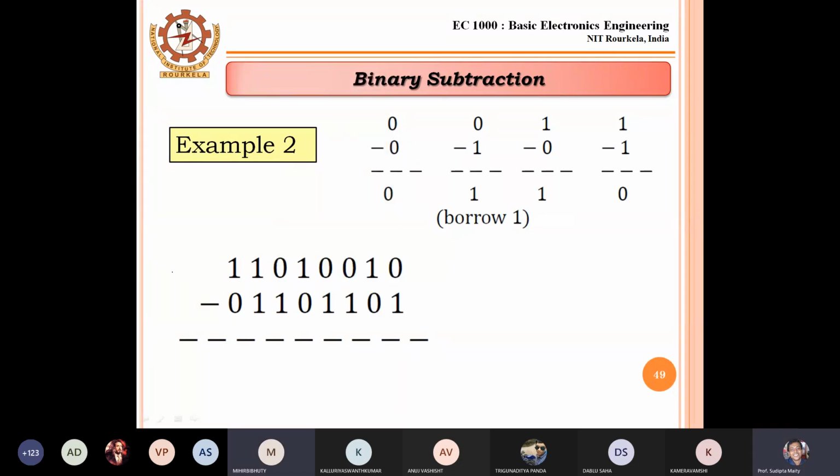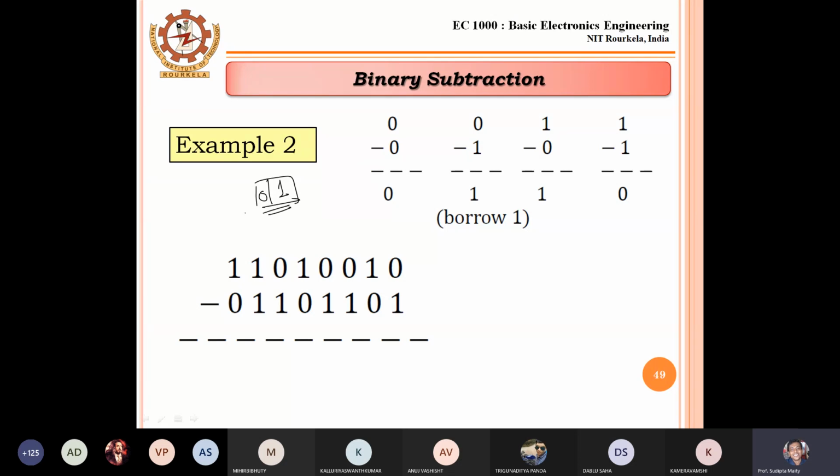Sir, one question. If at last it comes 0 minus 1, then from where will we take the borrow? You don't have to write the borrow term. Suppose we have 2-bit subtraction and a borrow or carry 1 happens, only 2 bits will be displayed.